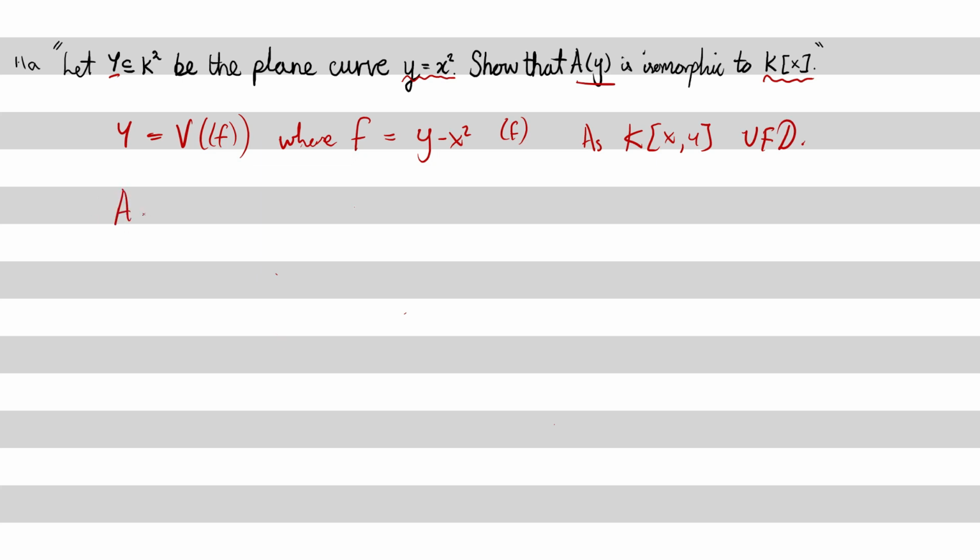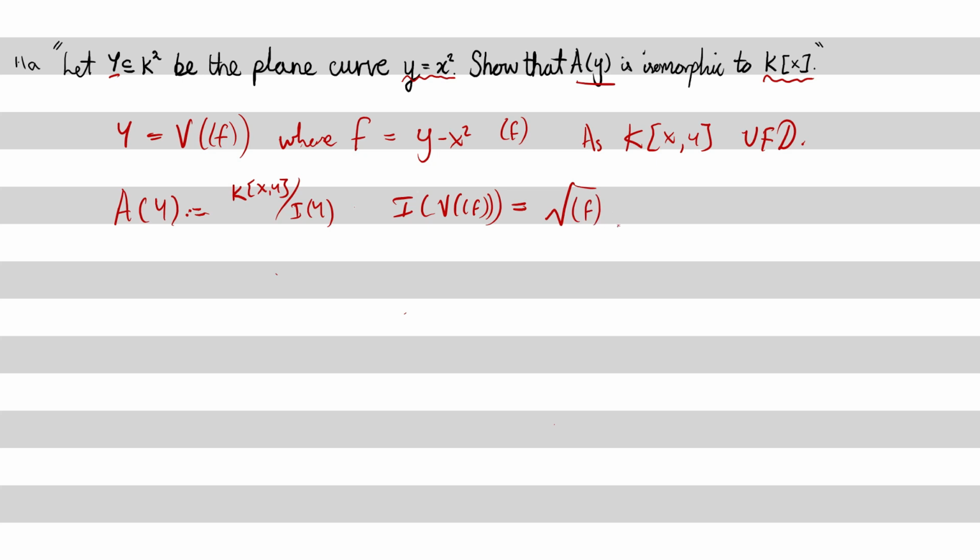The affine coordinate ring A of Y is, by definition, K[x, y] divided by I of Y, but this is I of the vanishing set of f, which by Hilbert's Nullstellensatz is the radical of f.